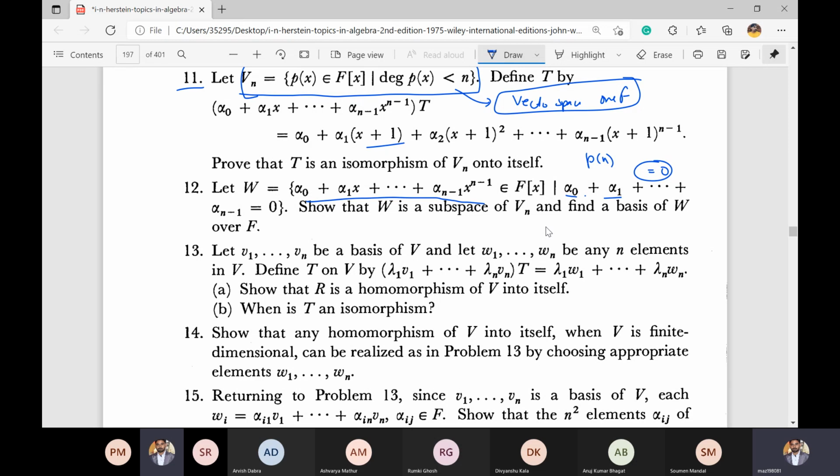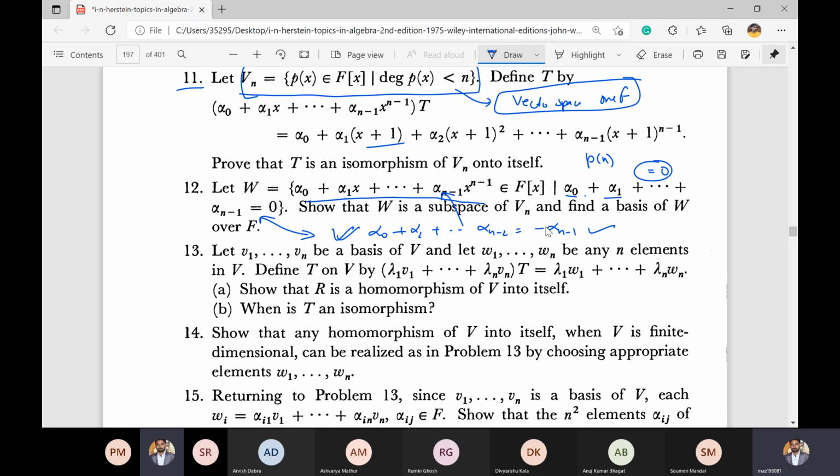So if you take alpha 0 to be fixed, one by one, you can choose alpha 1 plus alpha 2 plus up to alpha n minus 2 equal to minus alpha n minus 1. If we take this, this will satisfy, no problem. If we take any polynomial with these coefficients which satisfies this condition, this is an equivalent condition to this. We have not written anything else, but just the similar condition, and then impose this on this one.